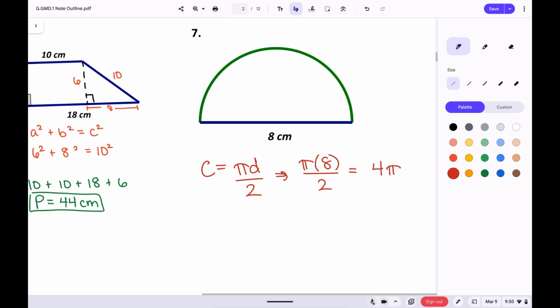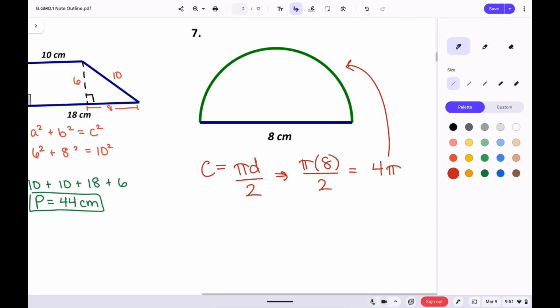This 8 is not included in that because this 8 was not part of my original circle. If I had the full circle in here, this green line would continue down here and it would make the other half of the circle. So this 4 pi is only talking about the green line on my screen up here. And it's not even a line, but that green curved part of the circle.